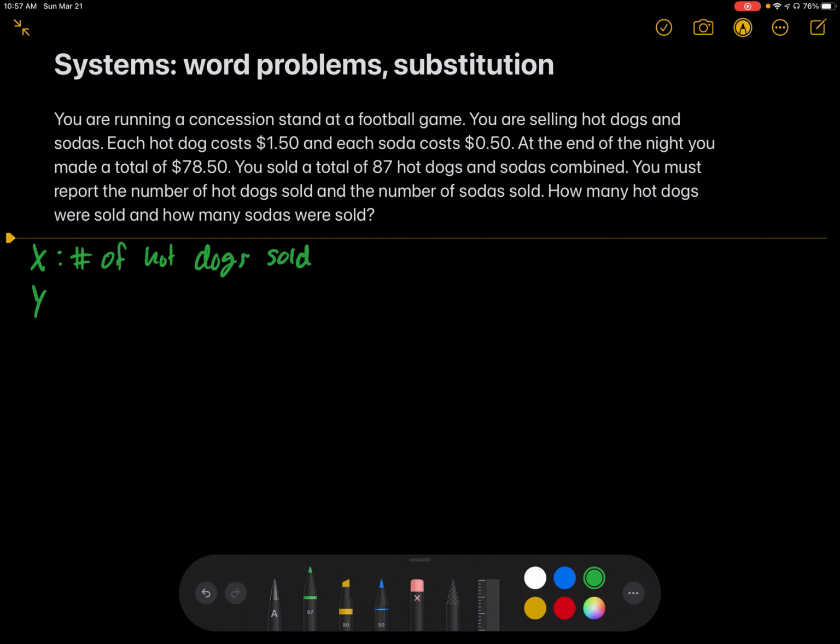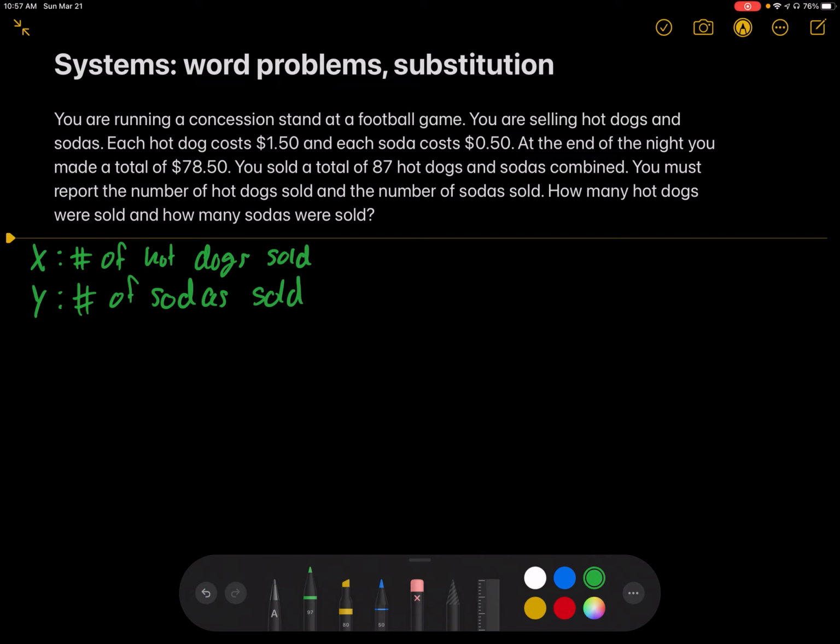So you need to remember that it's just the number of hot dogs. It's not the price, it's not the money you made off of it, it's just the exact number. And your Y is going to be the number of sodas sold.